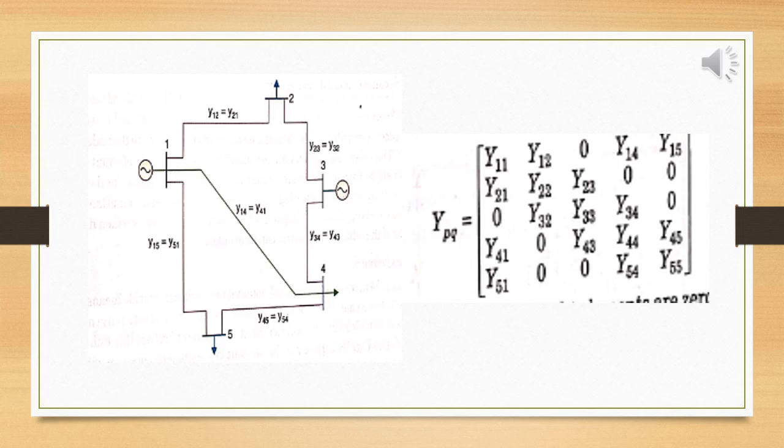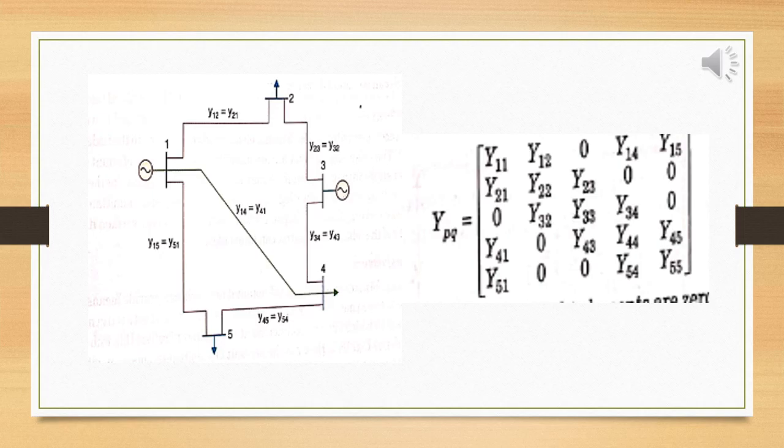Y11, Y22, Y33, Y44, Y55, all the diagonal elements are positive values and give the sum of the admittances connected to that corresponding node or bus. Whereas the non-diagonal elements are symmetric, and we have to take the minus value of the line admittance.